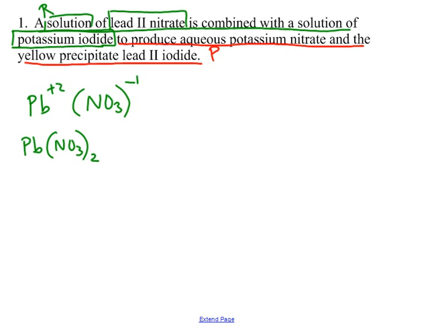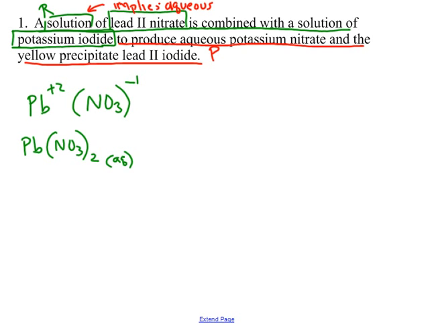When you see the word solution, it implies that the substance is aqueous, that it is dissolved in water. That's going to be really helpful. When you see the word solution, you'll know to put the aqueous symbol after it. So there we have our first reactant.